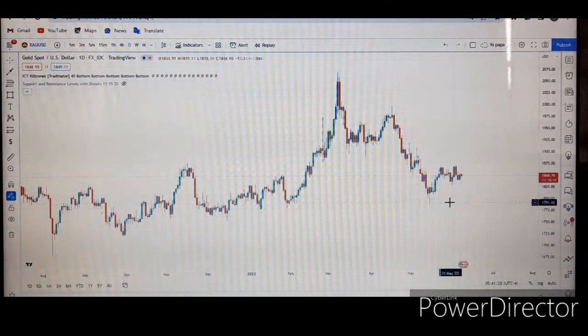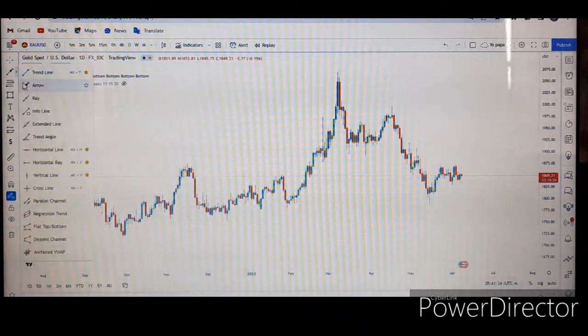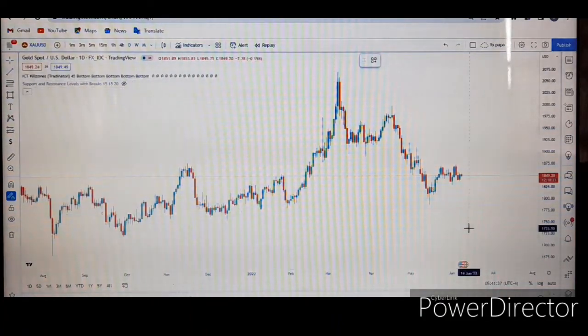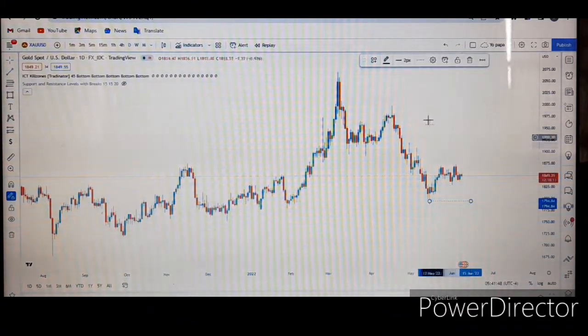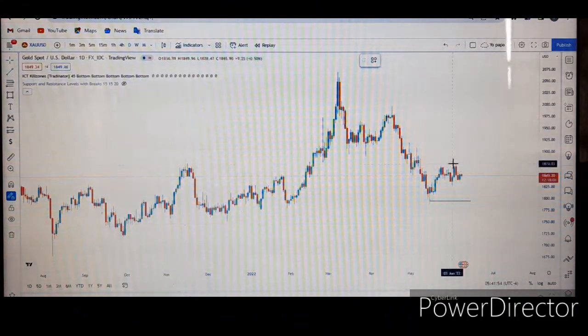So first of all, we'll be looking for highs and lows that the market hasn't retested yet. We have this low here that the market hasn't retested, and this high, the recent highs and lows.